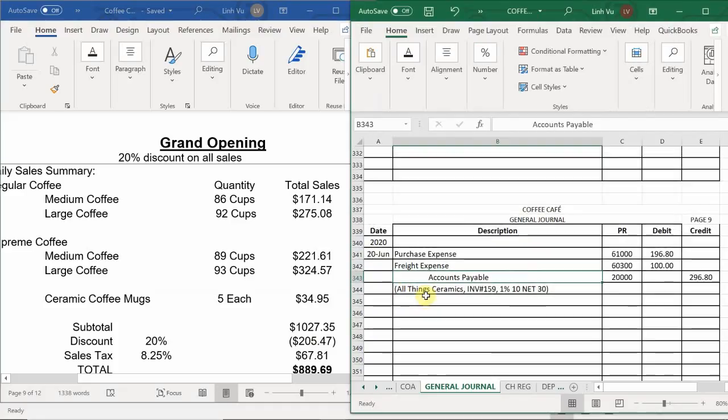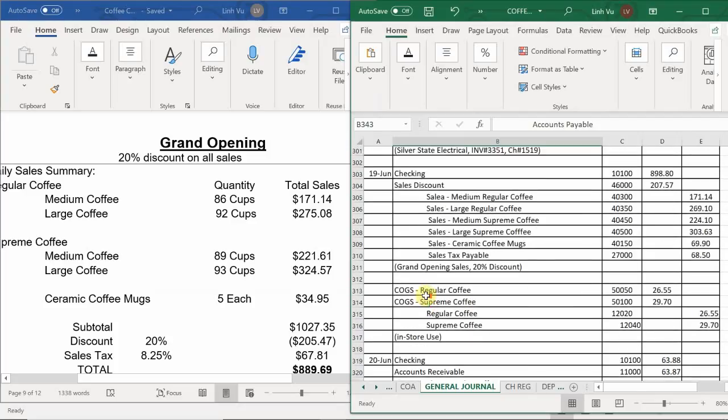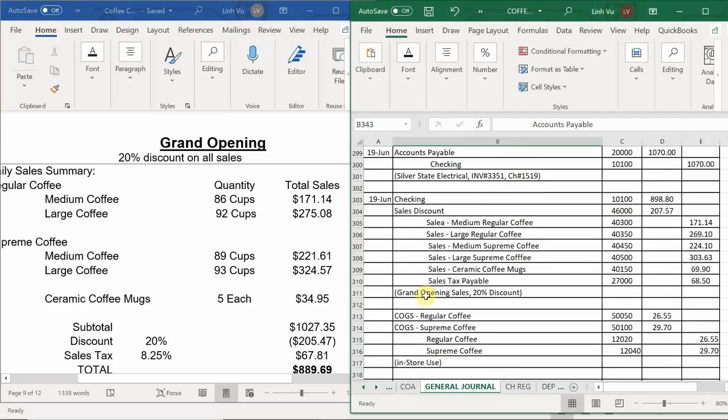So what should my journal look like? Check-in, sales discount, sales medium regular coffee, sales large coffee, all that information here we can just copy. Excellent. Now I'm going to go as far as also copying the cost of goods sold section.